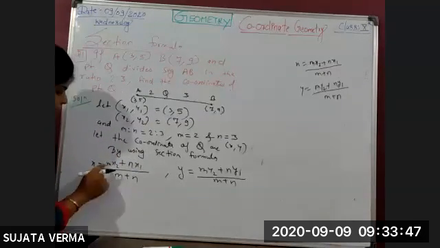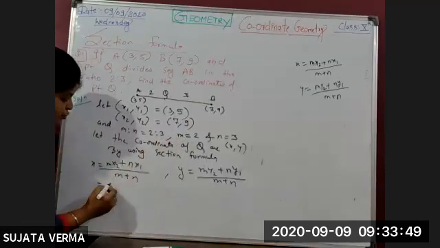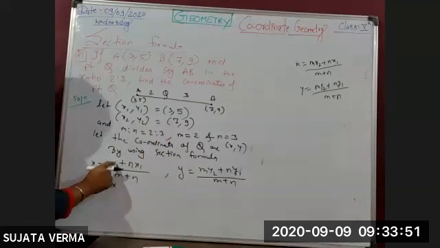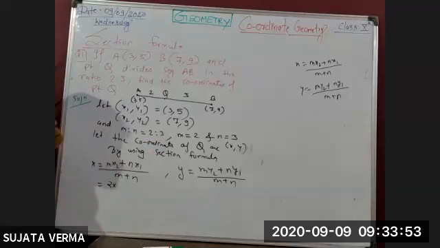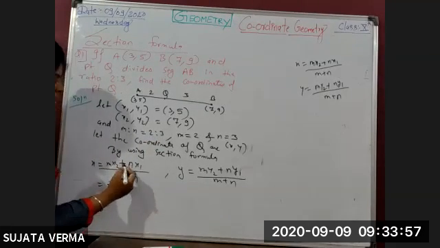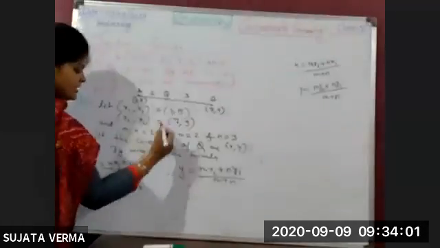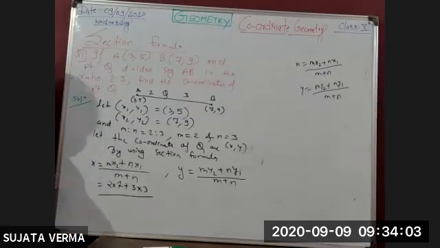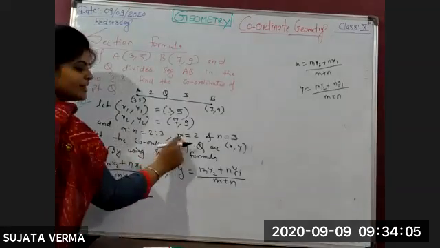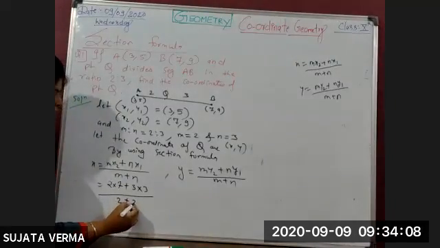Now m equal to 2 into x2, which is 7, plus n is 3 into x1, which is 3, upon m plus n, that is 2 plus 3.